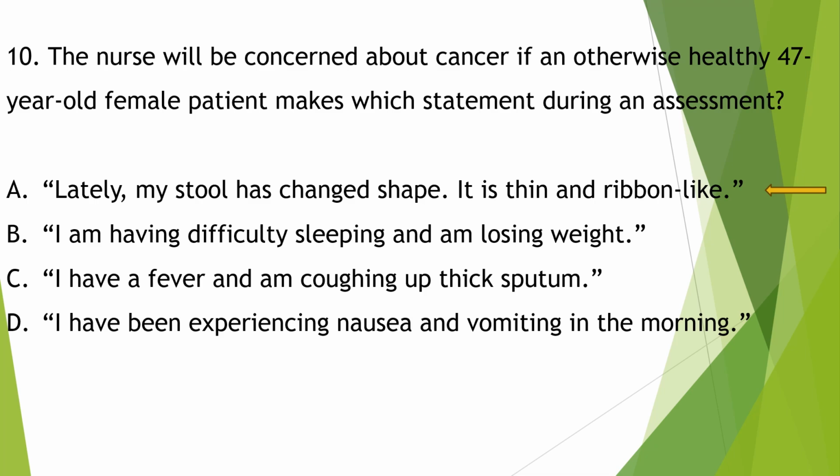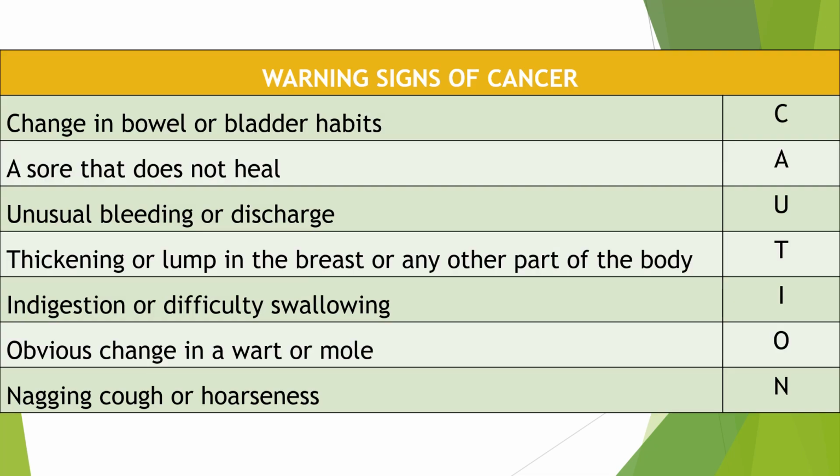Let's see the next slide to understand a little more about this. For the warning signs of cancer, you can use the acronym CAUTION. Change in bowel or bladder habits. A sore that does not heal. Unusual bleeding or discharge. Thickening or lump in the breast or any other part of the body.